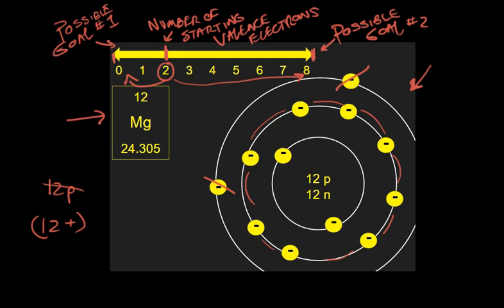I have 12 protons, and let me ask you, how many electrons does the atom now have? The atom now has 10, and they have a negative charge. Well, what then is the sum of a positive 12 value and a negative 10 value? That's going to be a positive 2. So the way we're going to write this is magnesium 2 plus, like that.